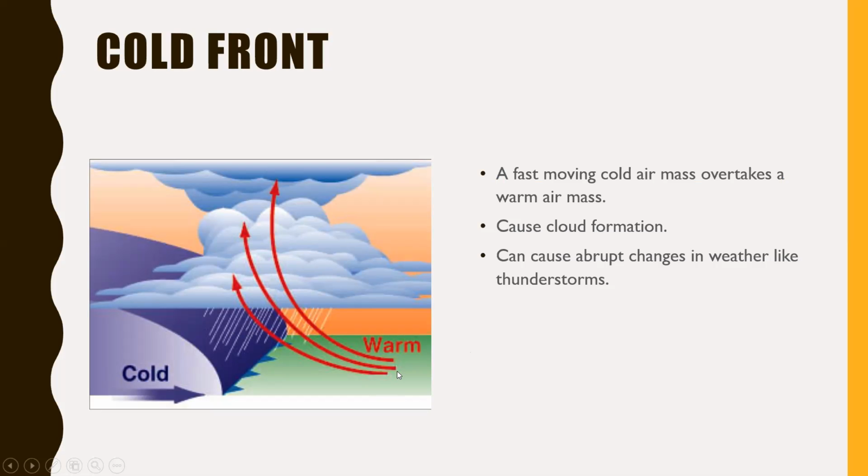So that warm air then rises above that cold front so they can move past each other. This is going to cause major cloud formation and also sudden changes, because cold air masses move so quickly. So this is when you get things like thunderstorms or rainy weather. Cold fronts don't generally last very long.